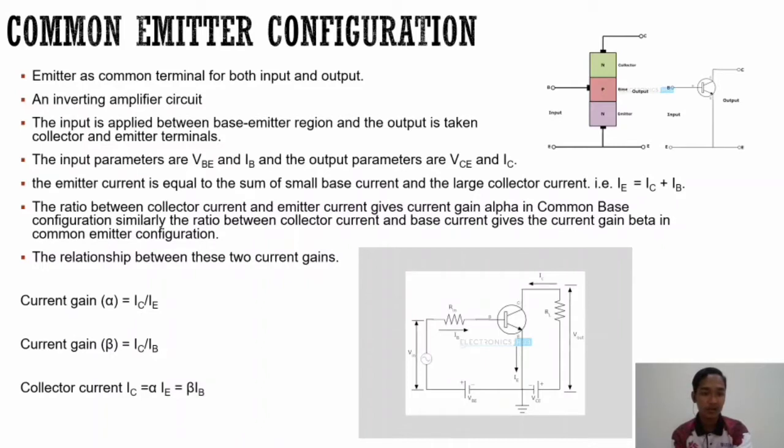As you can see, alpha equals IC per IE, beta equals IC per IB, and collector current IC equals alpha IE equals beta IB.